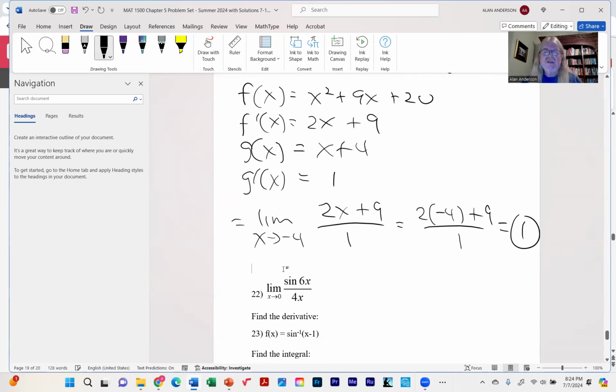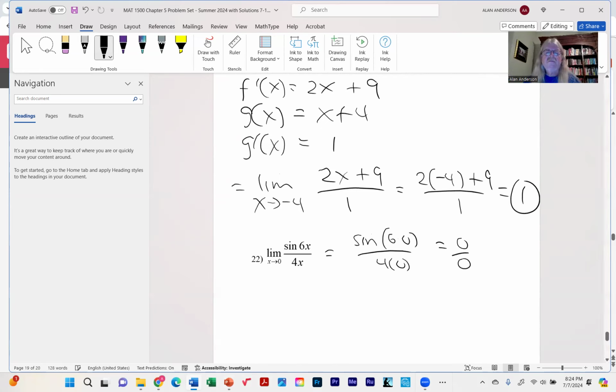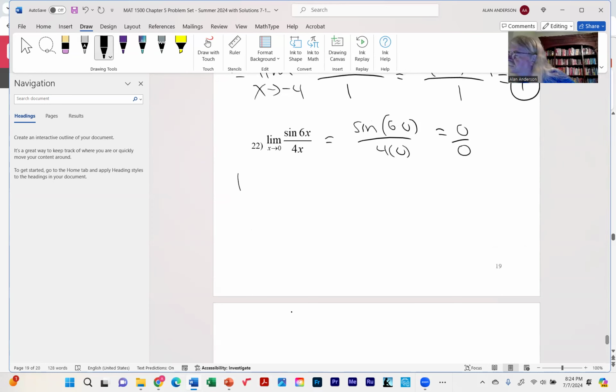Oh, now we got trig. All right. Well, let's do direct substitution. Now, if you go to your calculator, you'll see that the sine of 0 is just 0. So we're going to try L'Hopital's rule here. So f of x is sine 6x.